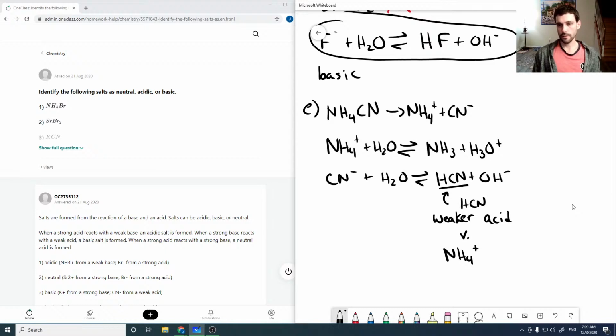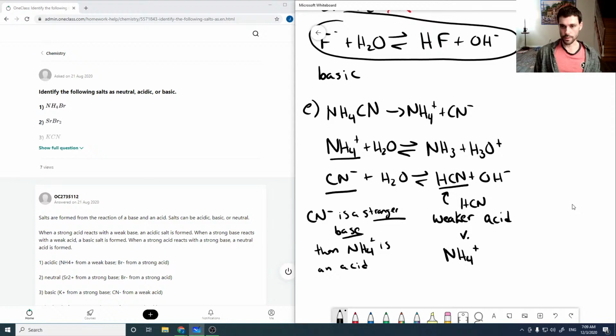So if HCN is a weaker acid than NH4 plus, then that means that CN minus is a stronger base than NH4 plus is an acid. Okay, so CN minus is a stronger base than NH4 plus is an acid, and so then the whole thing will be basic.